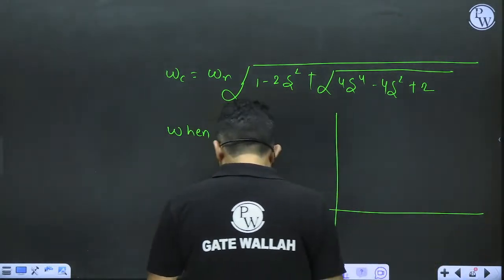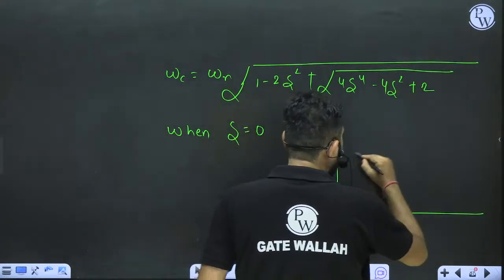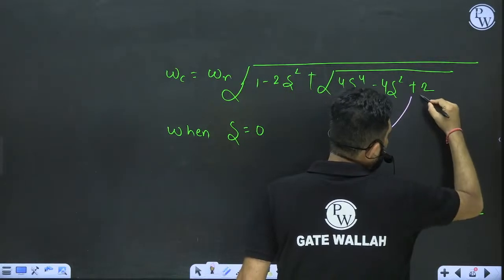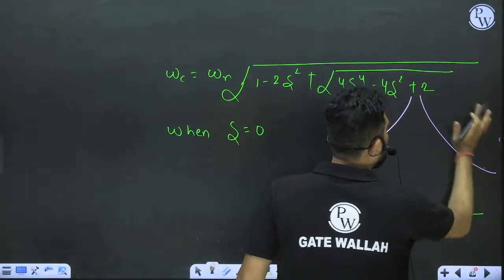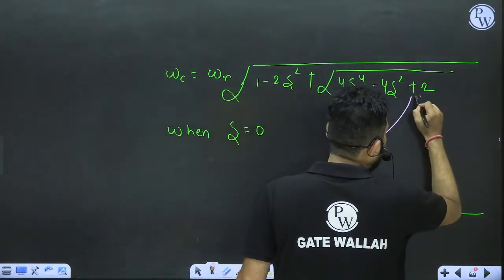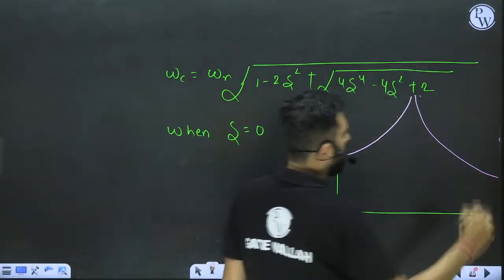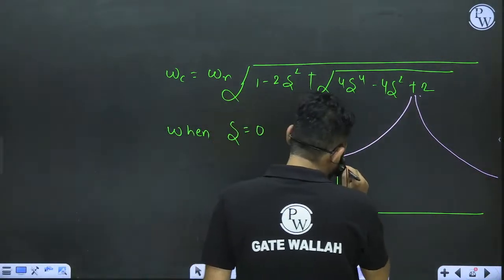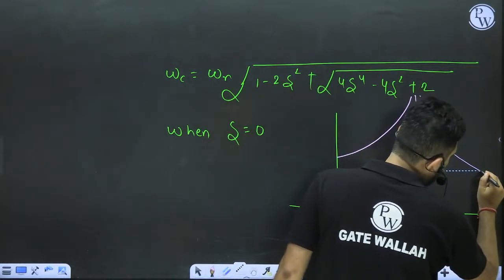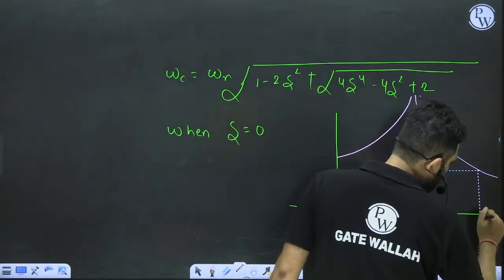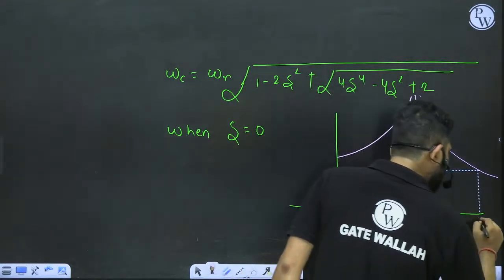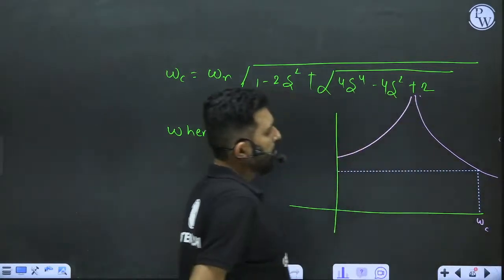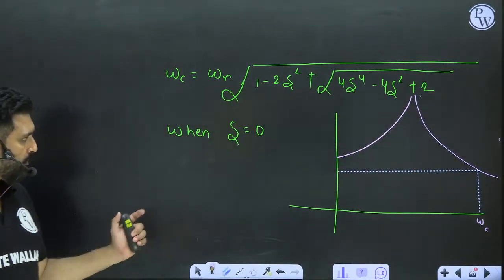It starts from 1, it will go like that, and then come back. So what is the bandwidth here? This is the bandwidth, omega c. So tell me the bandwidth when zeta is equal to 0.